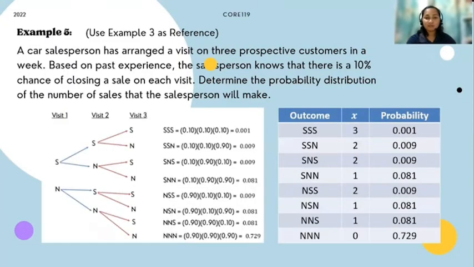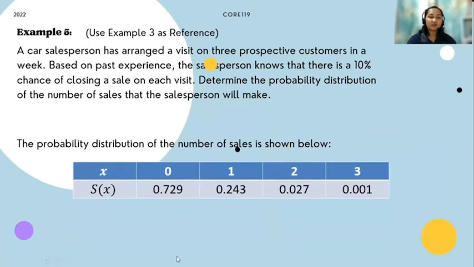We only add those probabilities for X equals 1. So we have here 0.081, another 0.081, and then 0.081. If you add these 3 values of 0.081, the result will be 0.243.